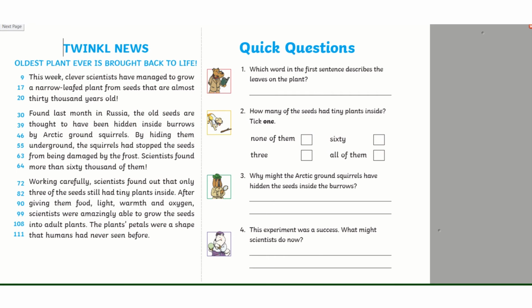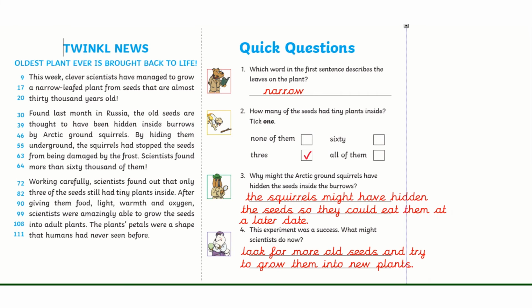Okay, let's have a look at the answers. So this was about the oldest plant ever being brought back to life. This week, clever scientists have managed to grow a narrow-leaf plant from seeds that are almost 30,000 years old. Found last month in Russia, the old seeds are thought to have been hidden inside burrows by Arctic ground squirrels.